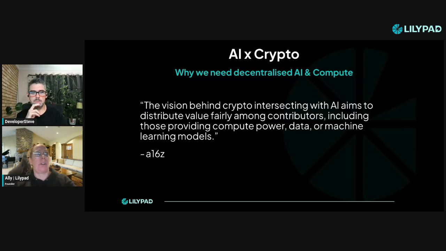I love this quote from a16z. They did a podcast on AI and crypto, I think fairly late last year. And this is exactly what they had to say about where AI and crypto intersect. The vision is to make this really centralized product, AI, more democratized with crypto, because crypto is very democratic, whereas AIs can be quite centralized.